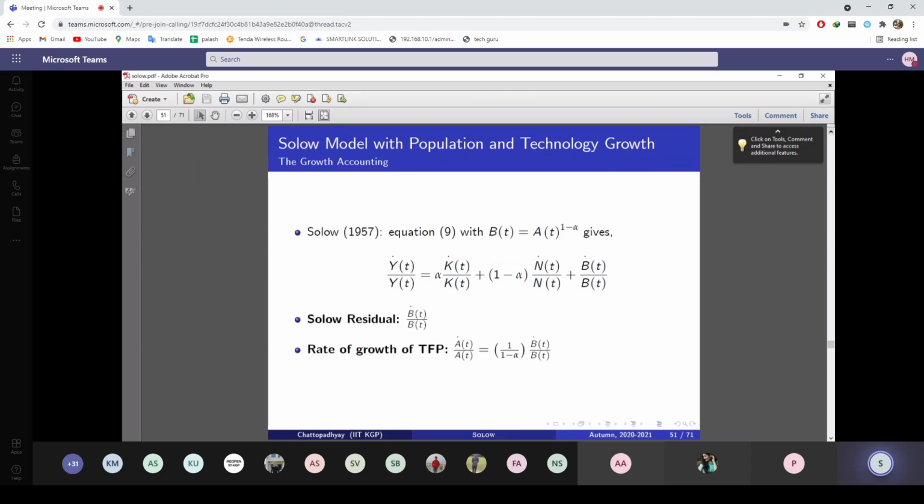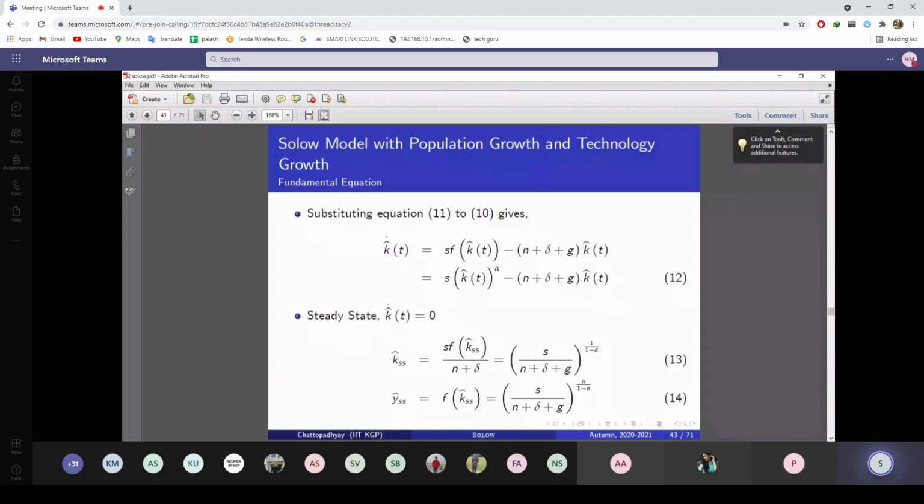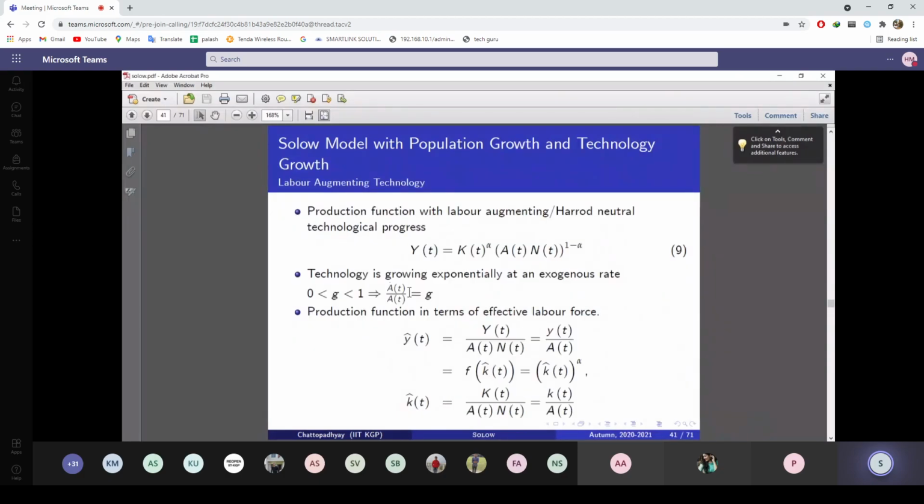So you see, I am starting with the same production function, written over here, equation number 9. This equation number 9 can also be written as K_t to the power alpha, (A_t N_t) whole to the power 1 minus alpha. If I decompose, it gives you A_t to the power 1 minus alpha, K_t to the power alpha, N_t to the power 1 minus alpha.